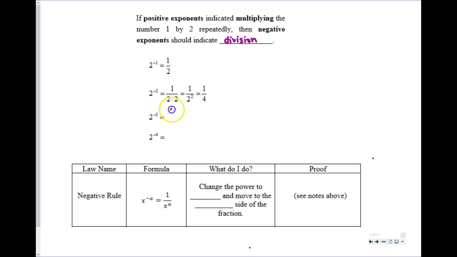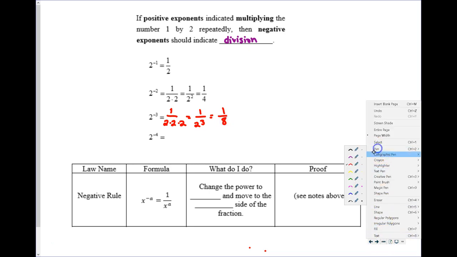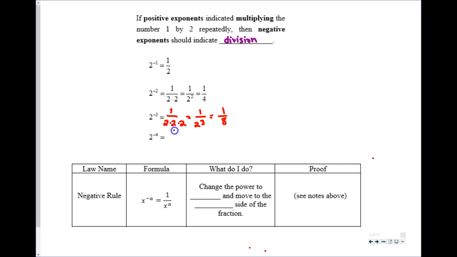Similarly, for this next one, 1 over 2 times 2 times 2, which is going to be 1 over 2 to the 3rd, which gives me 1 over 8. And then the last one follows the same pattern of 1 over 2 times 2 times 2 times 2, which equals 1 over 2 to the 4th, which equals 1 over 16.